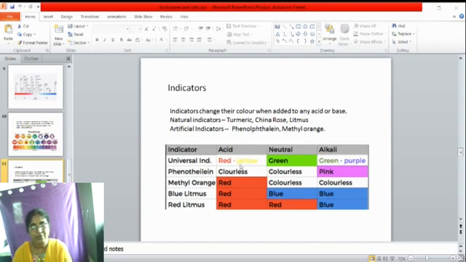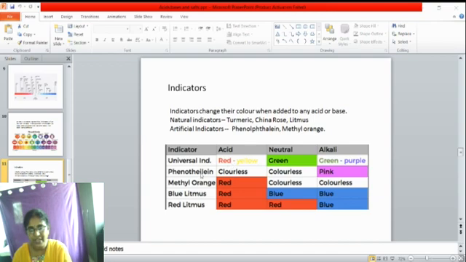So when these indicators are added to the acids or the bases, they change their colors. Now, as such, you can see over here related to the indicators, universal indicator is nothing but the pH scale, what we have discussed previously.